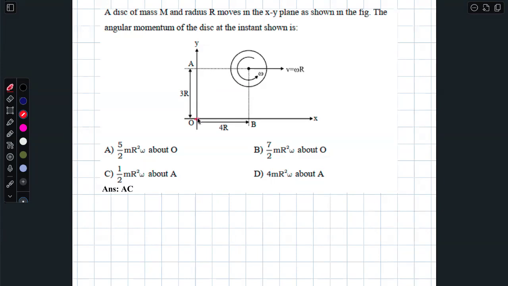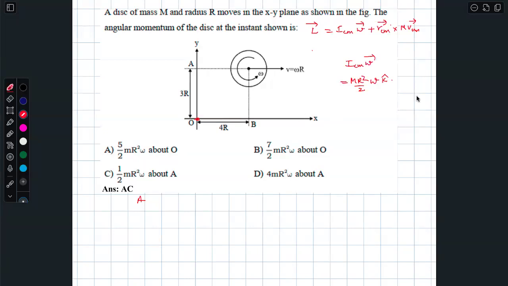There are 2 points. See, the general formula: L bar is equal to ICM omega bar plus RCM cross MVCM bar. If you take A as the criteria, for all the situations, ICM omega bar is fixed. This is a disk actually. MR square by 2 omega K cap. That's fixed.